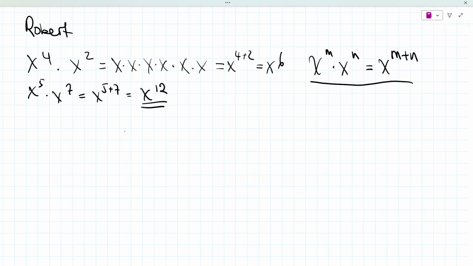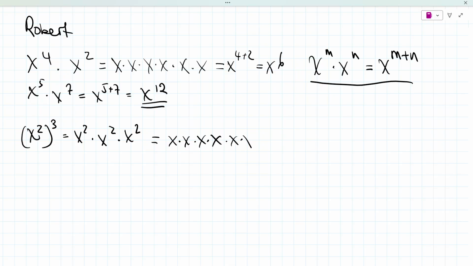Okay, how about using the power rule? That's if you had x squared and this is cubed, this means this is x squared multiplied by x squared multiplied by x squared, which is equal to x times x times x times x times x times x, which is equal to x to the power 2 plus 2 plus 2, which will be, in the end, x to the power 6.